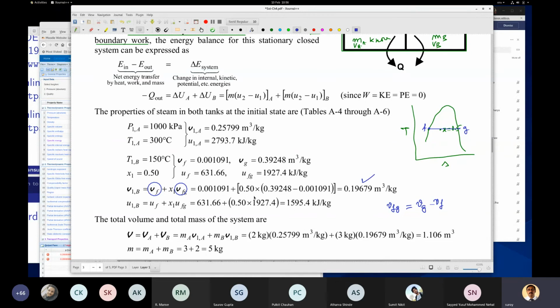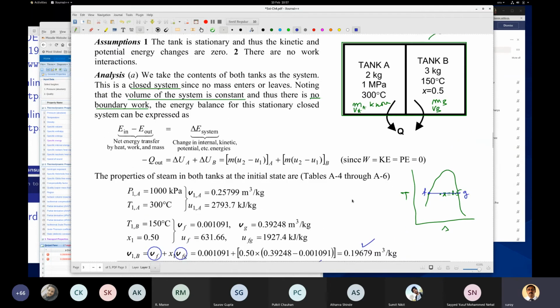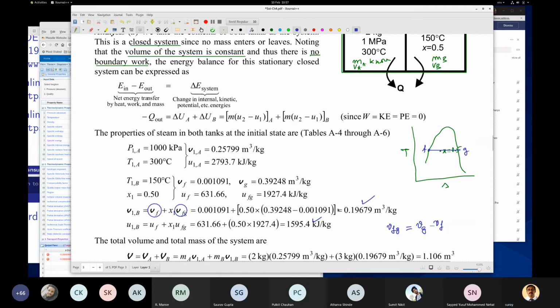So what is the internal energy? This is the internal energy. So initial conditions are all known. Specific volume is known and specific internal energy is also known, in meter cubed per kg and kilojoules per kg. Similarly for A, we know the specific volume and the internal energy.